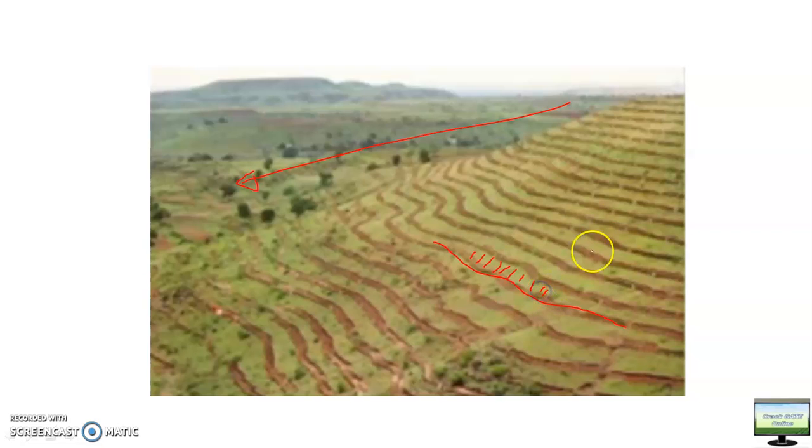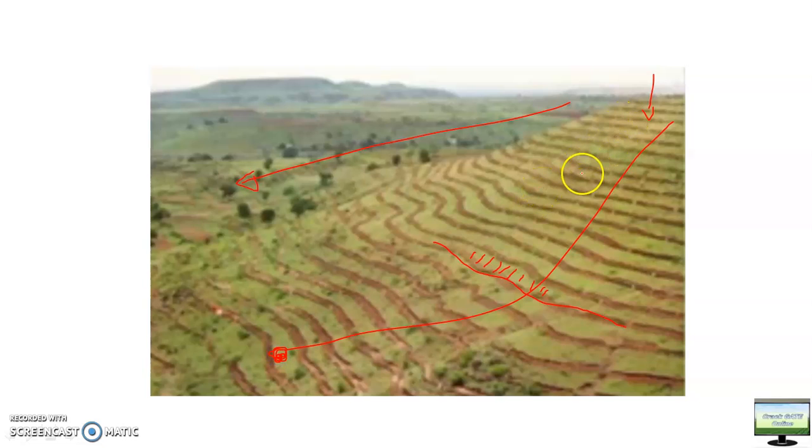When there is no bund on this land and rainfall is occurring, water will cover this much length of land. Then erosion will take place.